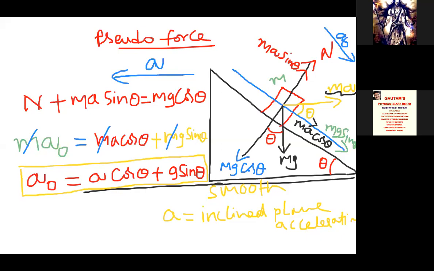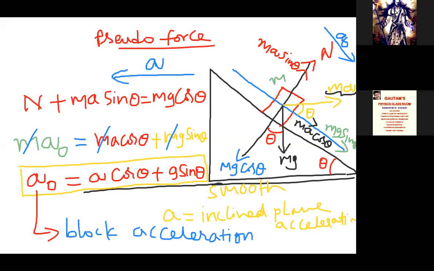A is the acceleration of the inclined plane. This A naught is called block acceleration. So from this information we found the block acceleration, that is A naught equal to a cos theta plus g sin theta.